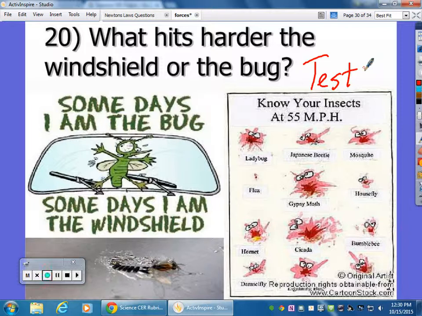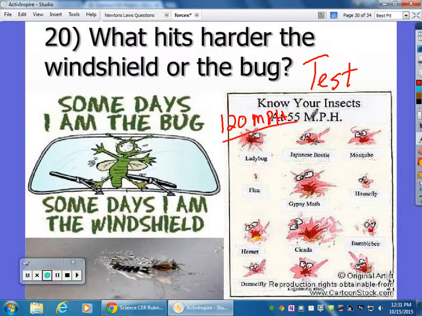However, does the bug have a change in its velocity? If the bug is going 60 miles an hour towards your car, and let's say that's to the right, so that's a positive 60 miles an hour, and then it hits your car and you're going 60 miles an hour, all of a sudden the bug is going from positive 60 to negative 60. If you do final minus initial, that's 120 miles an hour in about that fast.